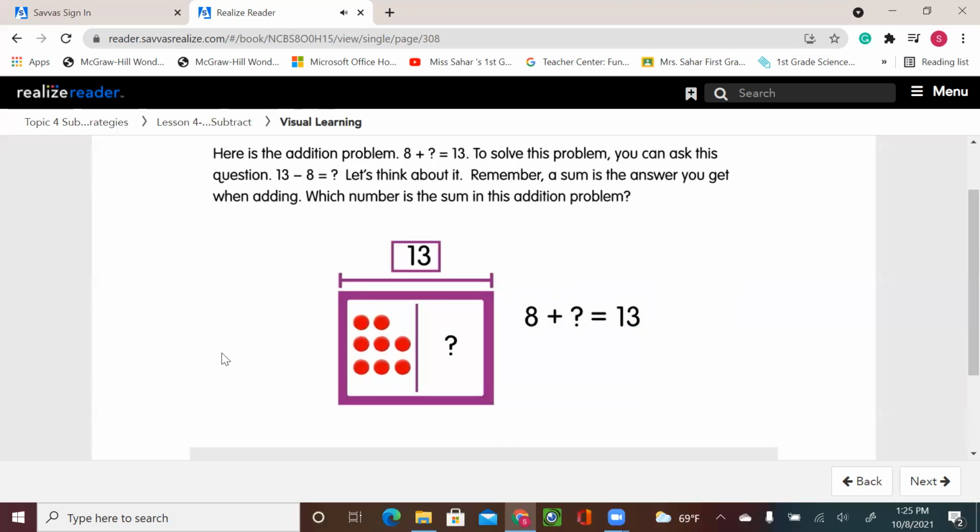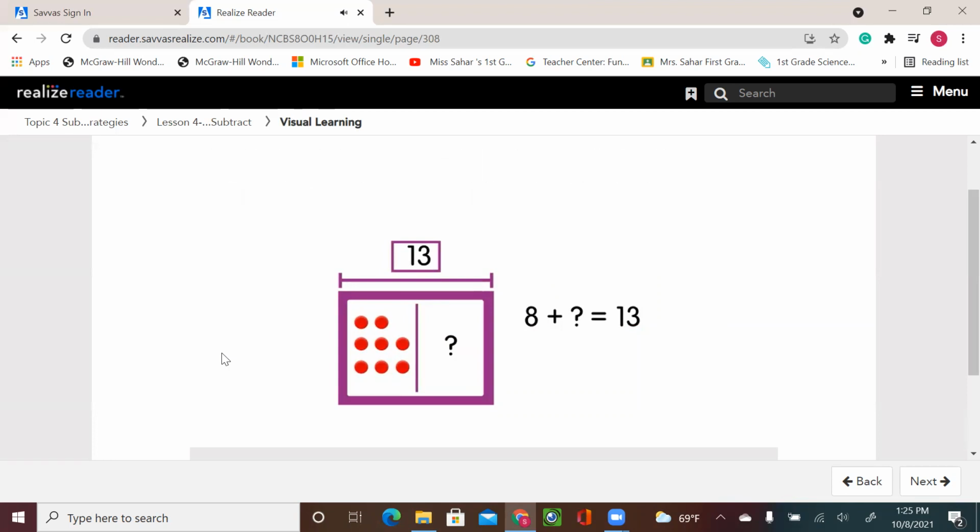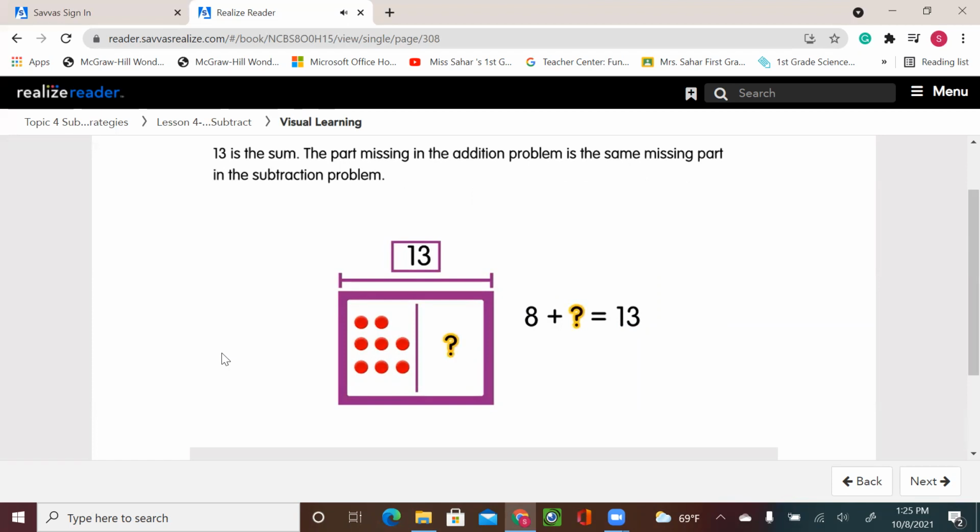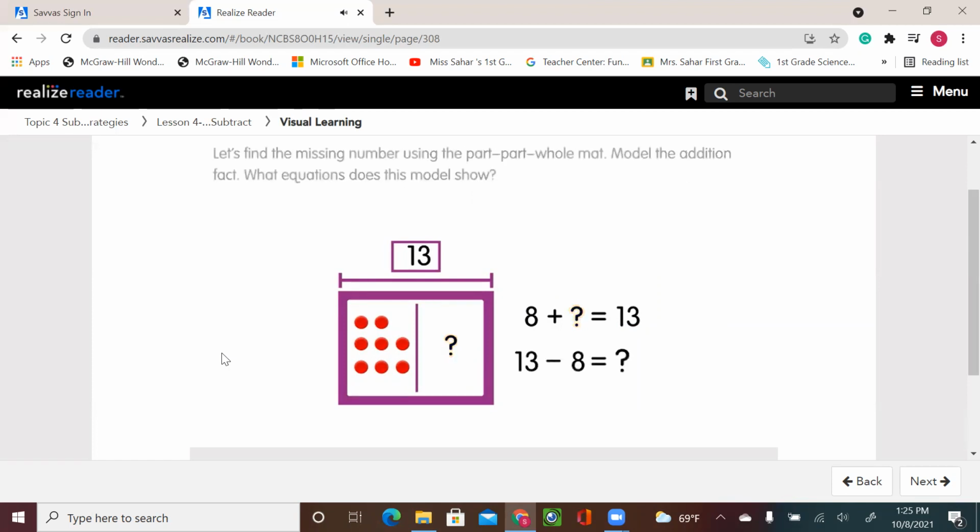To solve this problem, you can ask this question. 13 minus 8 equals... Let's think about it. Remember, a sum is the answer you get when adding. Which number is the sum in this addition problem? 13 is the sum. The part missing in the addition problem is the same missing part in the subtraction problem. Let's find the missing number using the part-whole mat.